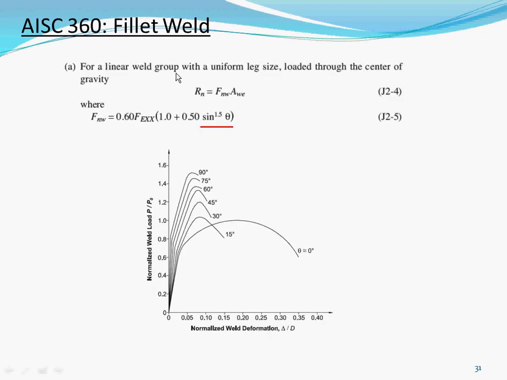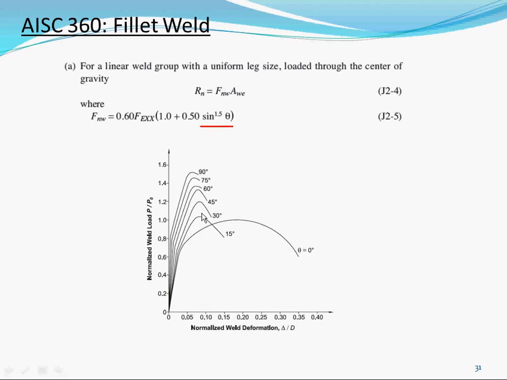For a linear group of welds of uniform size, you could actually increase the capacity based on the angle. If you're looking at the angle at 0, your strength is, let's say they normalize it as 1. If you load it at 90 degrees, you actually get higher capacity. However, you have lower ductility, so there's a trade-off between higher strength and ductility in this equation. Yes, the angle of loading.